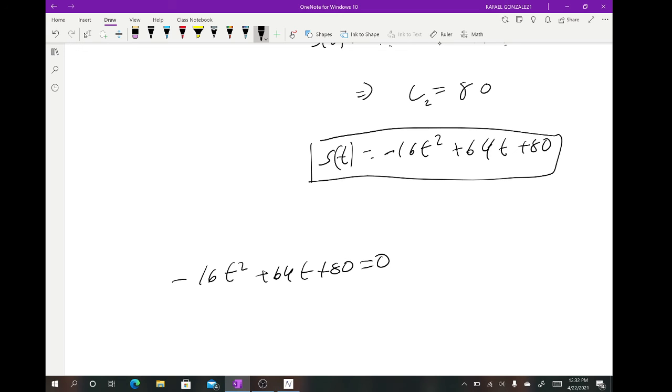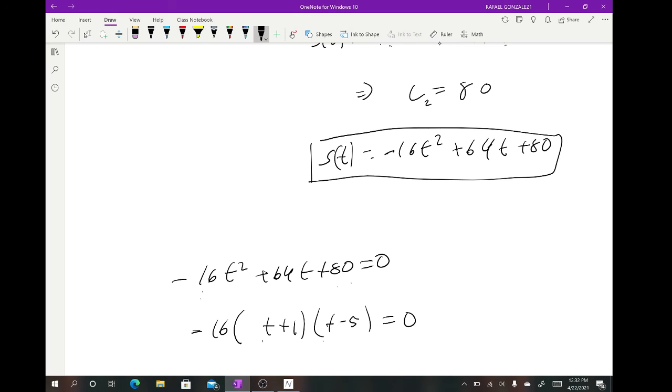Now, believe it or not, you could factor this in a quite nice way. It is actually equal to, if you factor out negative 16 times, let's see, t plus 1 and t minus 5. Let's check: if you multiply t times t, you get t squared.